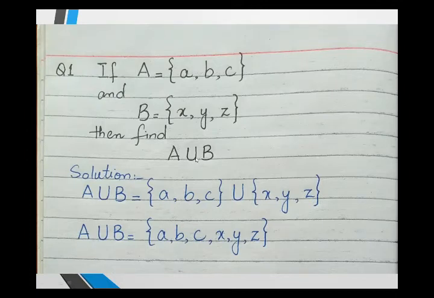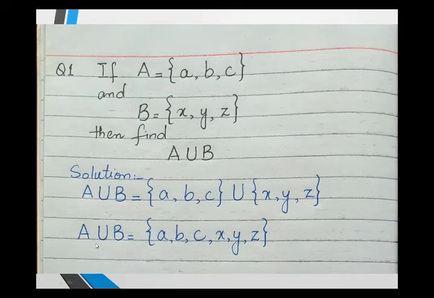Now here we find the union between disjoint sets. How do we find the union? We write A union B is equal to, here we write set A, which is {a, b, c}. Here we put the union sign and then we write set B, which is {x, y, z}. Now we take the union of both sets.